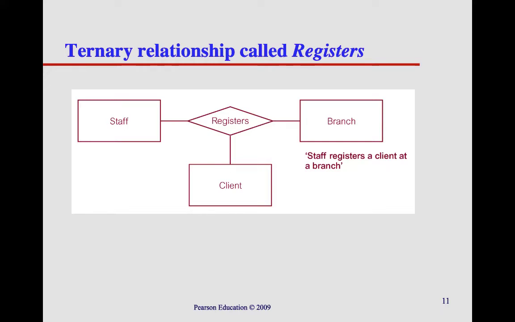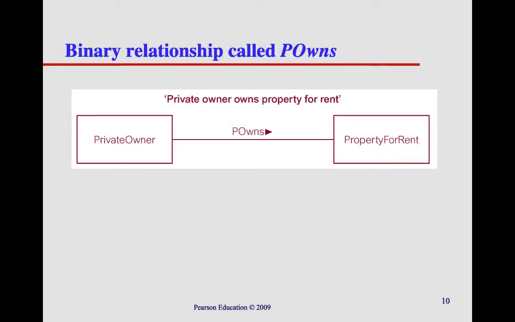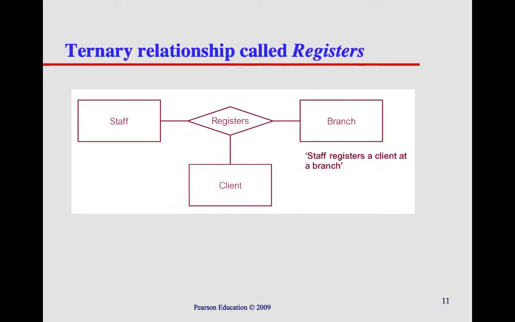So you only direct the relationship if it's binary. If it's above binary, the degree is greater than 2, then the lines are undirected. Now, there's always typically a lot of confusion about when something is a relationship.